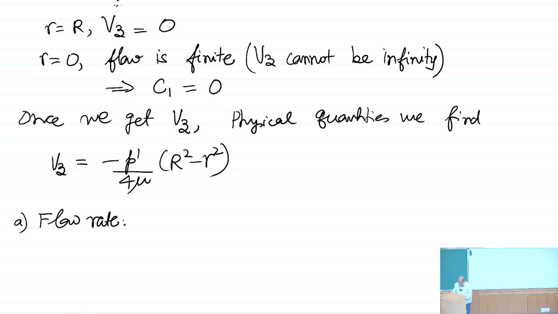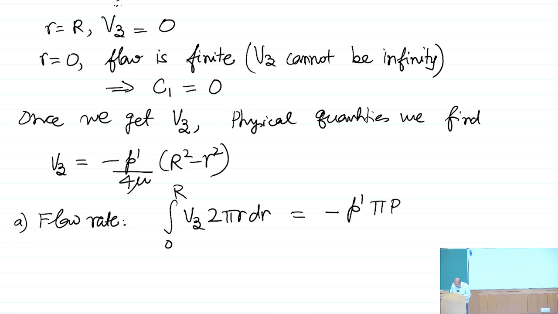Flow rate will be equal to the integral from 0 to R of Vz times 2 pi r dr. So, in terms of the pressure gradient, you can get the flow rate. And obviously, if the pressure gradient is higher, you will get a higher flow rate. So this is what you find.